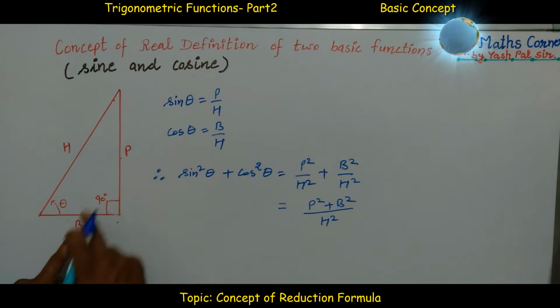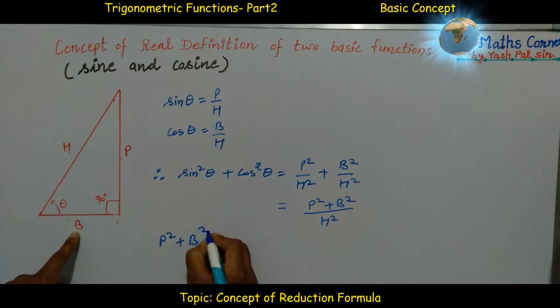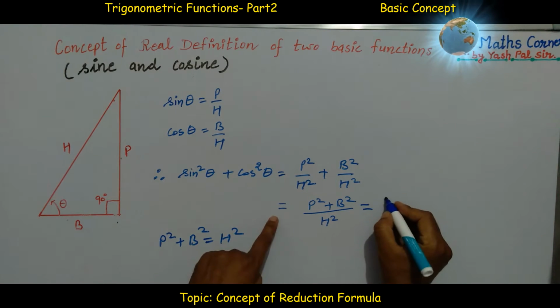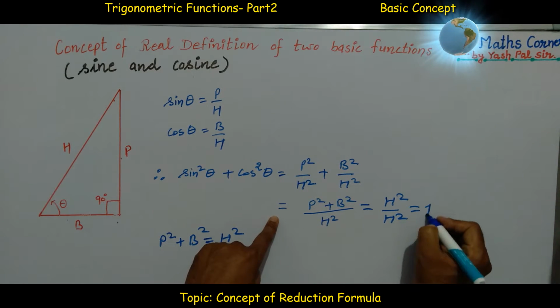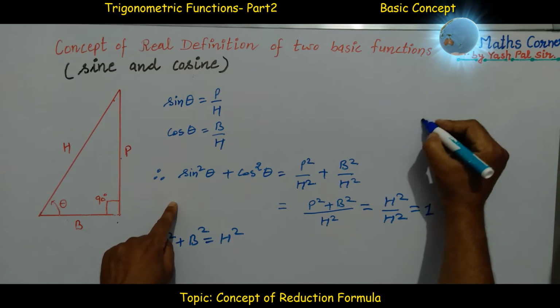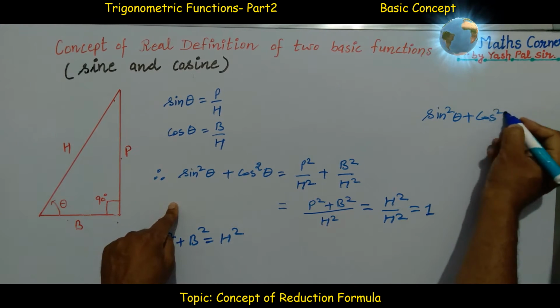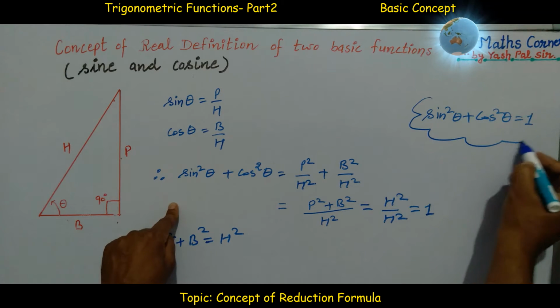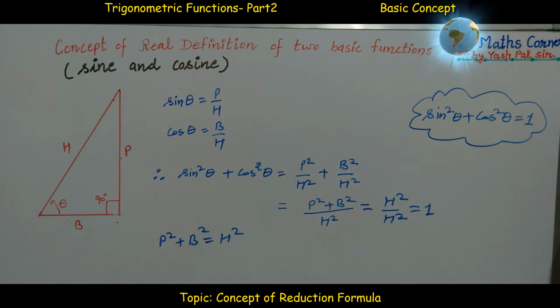But here p square plus b square is equal to h square because of Pythagoras theorem. So its value is h square upon h square, that is equal to 1. So the conclusion is sine square theta plus cos square theta is equal to 1. In class 10 we have already studied this.